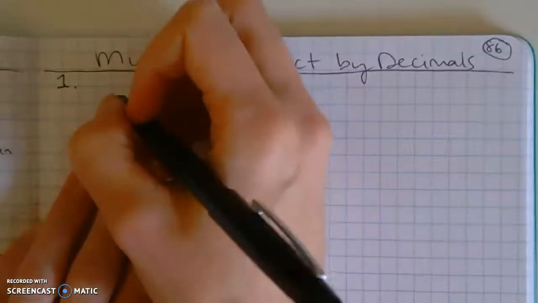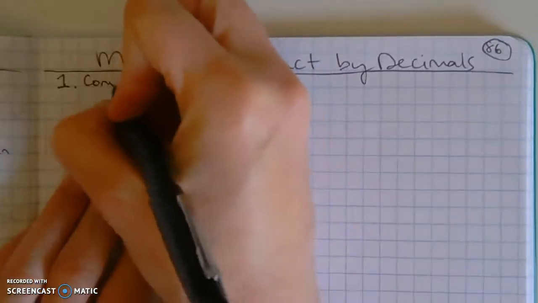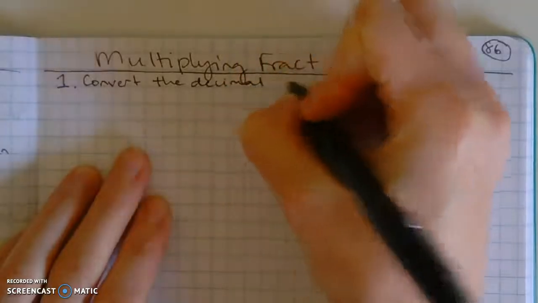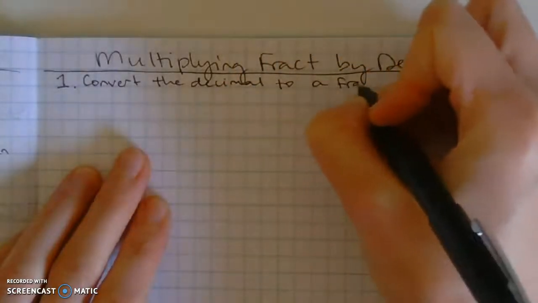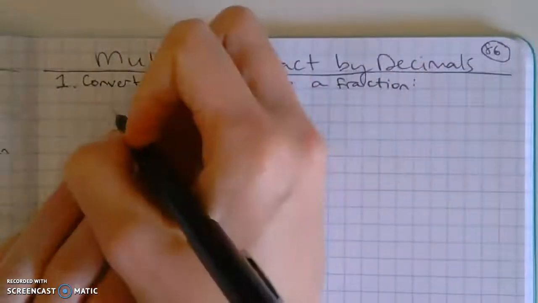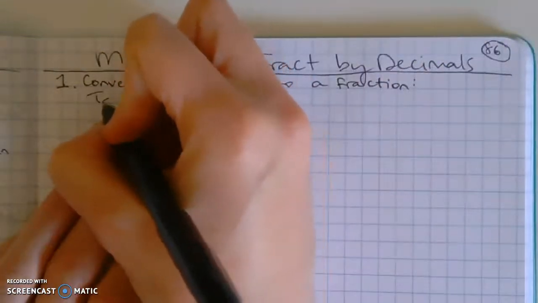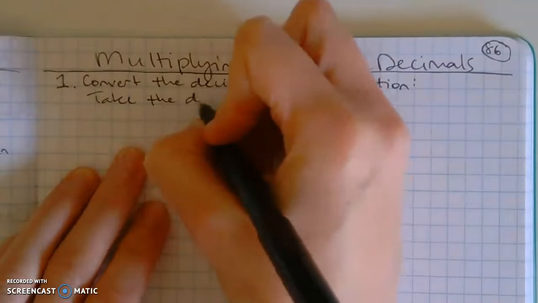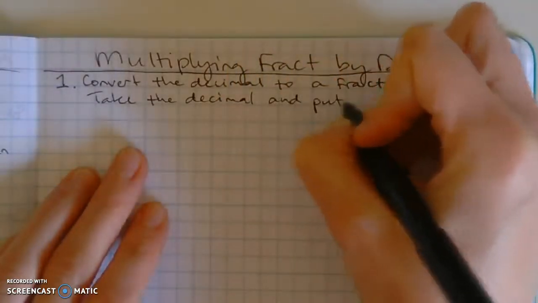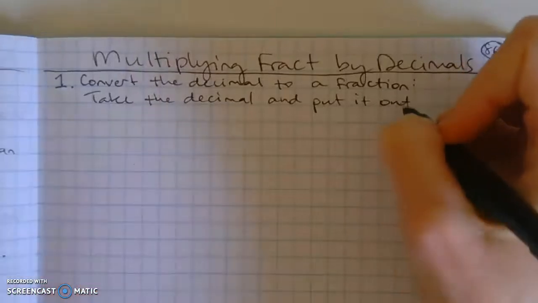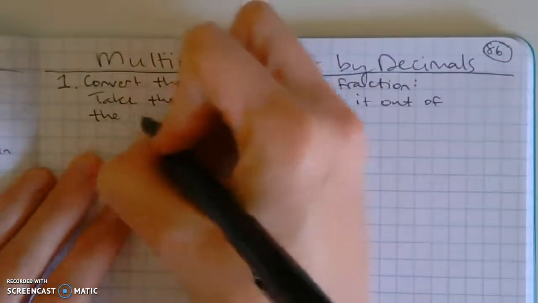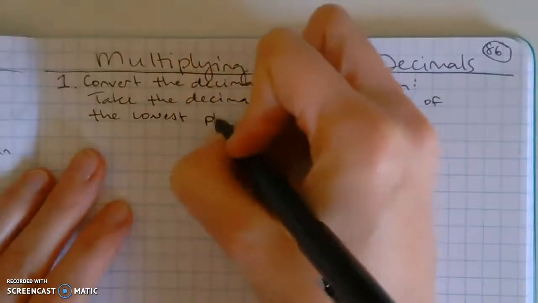So I'm going to convert the decimal to a fraction. So in this case, I'm going to take the decimal and put it out of the lowest place value.